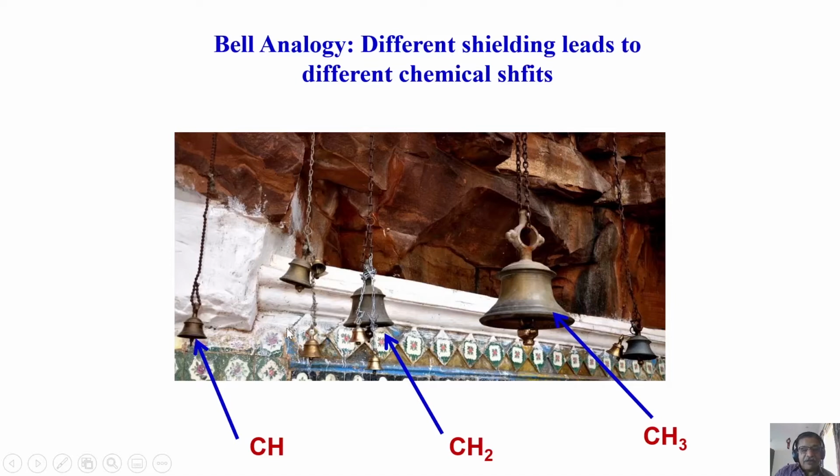When I come back to this one, this is even smaller than this. This also has a nucleus and a charge distribution. Very simple comparison to the spectrum I showed before. This is CH3, more shielded with three protons, comes at high field. Then comes CH2 and then CH in the same order. It's a fantastic analogy to say how different shielding leads to different chemical shifts.